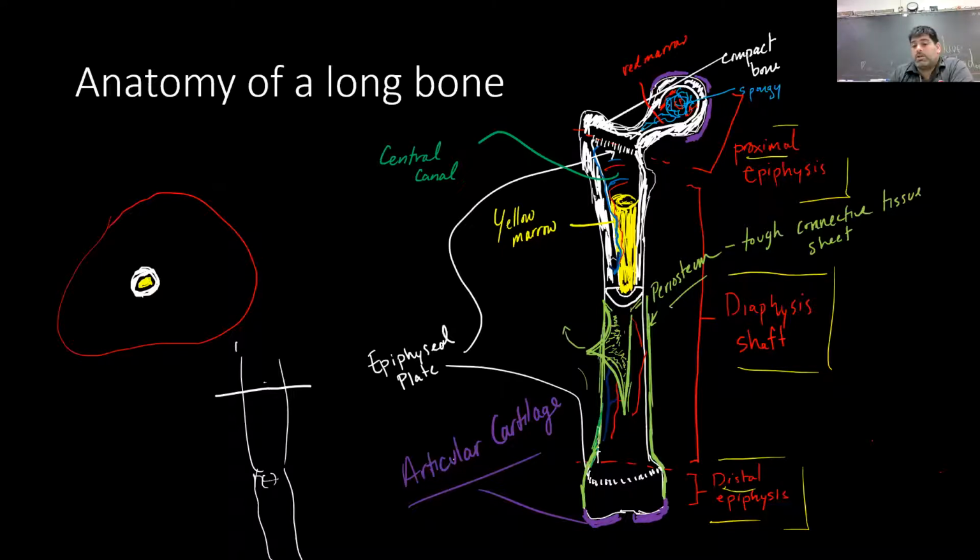Generally speaking, yellow marrow is what we think of when we think of bone marrow. But when we talk about somebody getting a bone marrow transplant, we're actually talking about red marrow. And red marrow again is found in the epiphyses of these bones, and it is going to be involved in blood cell formation.